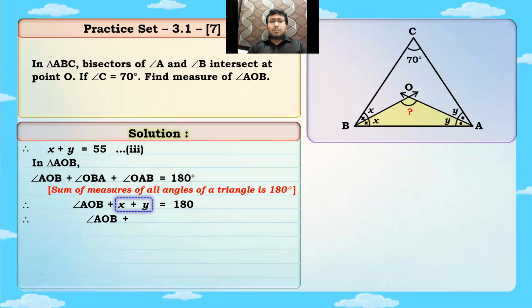Yes, look at equation number 3. What is the value of X plus Y? Yes, it is 55 is equal to 180. So students, plus 55 goes here becomes minus. So angle AOB is equal to 180 minus 55. Tell me what is 180 minus 55? Yes, it is 125.